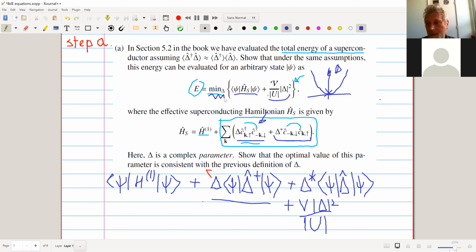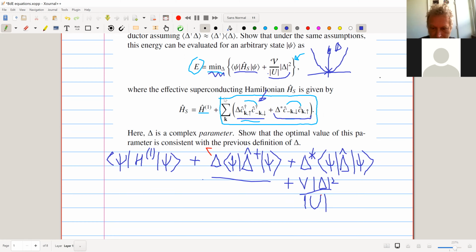Therefore, I can minimize over complex delta, since delta conjugated is related to it, so I can minimize with respect to one complex number only. So what do I have to do?